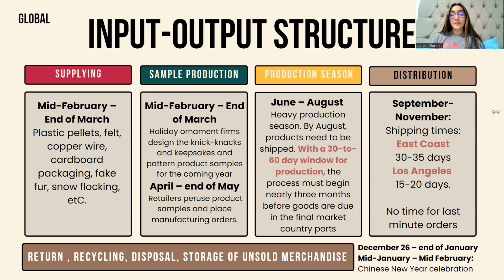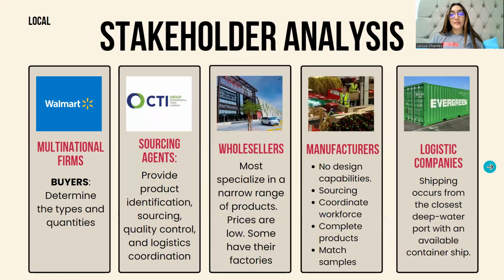Production season needs to begin nearly 3 months before goods are due in the final market country ports because of logistic reasons, because shipping times are between 50 to 35 days depending on the port, and this leaves this industry with no time for last minute orders.